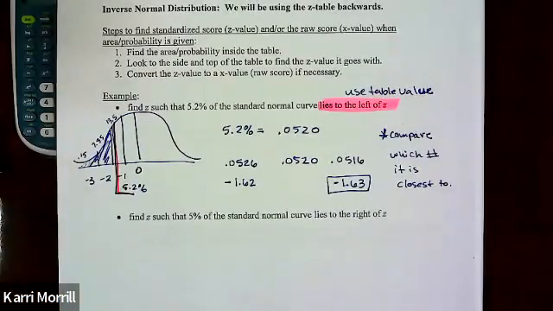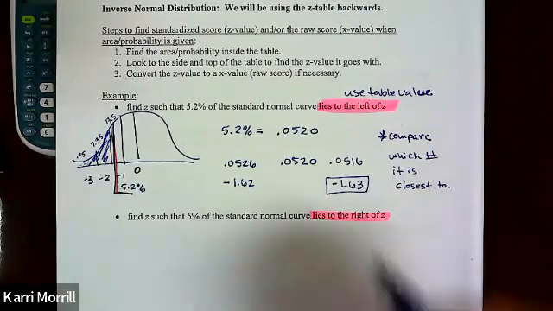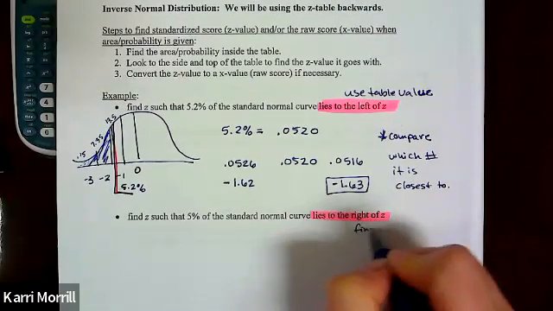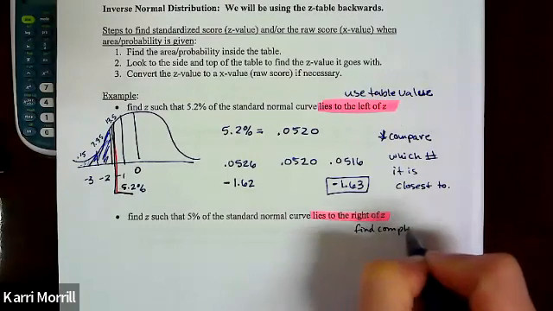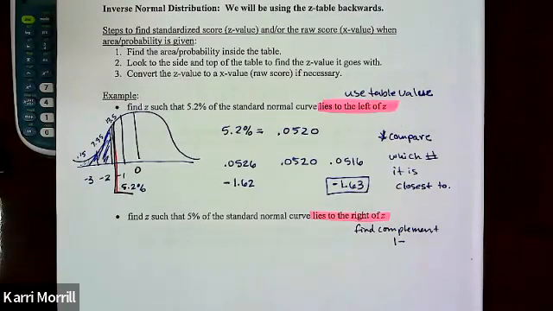Find z such that 5% of the normal curve lies to the right. So this time we're saying it lies to the right of it. This is when we need to remember, this is when we find the complement of what we just found, right? One minus, or think about percentages.